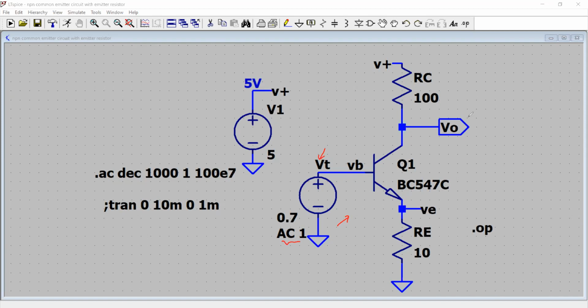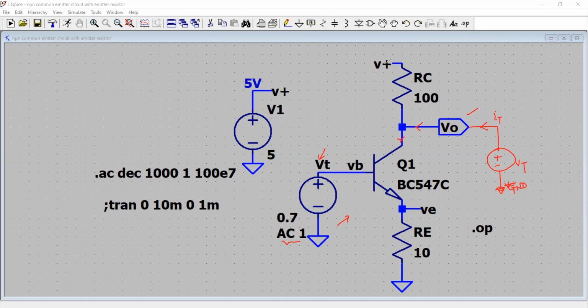And to the output, in fact, I will actually apply the test voltage here to the output pin. That is, this is the ground, and that's my VT test voltage, and because of that the current IT will flow into the circuit, and that is the current actually going right here.